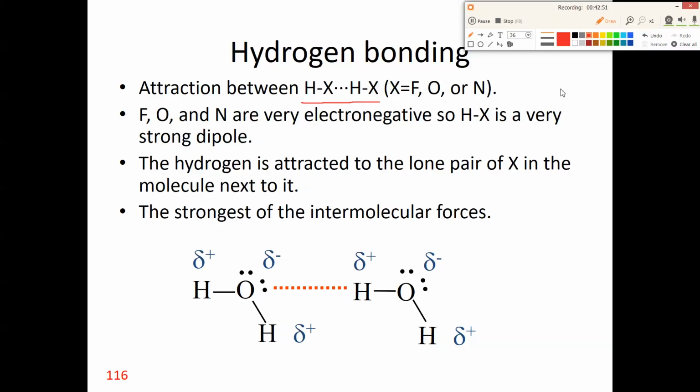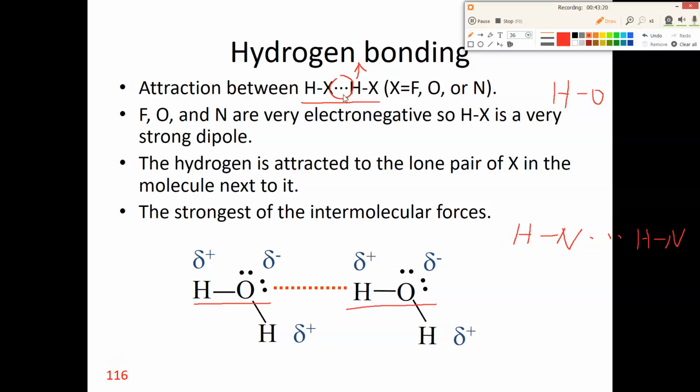So basically, you can have H-O here, H-O, H-O, like H-X, H-X, or you can have H-nitrogen. The dotted lines represent hydrogen bonds. H-N, H-N, or H-F, H-F.